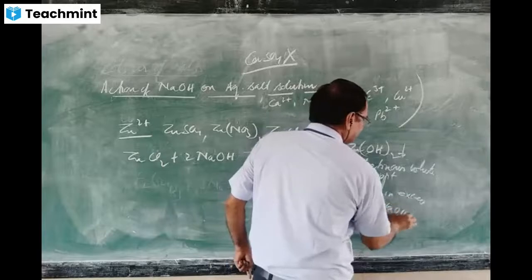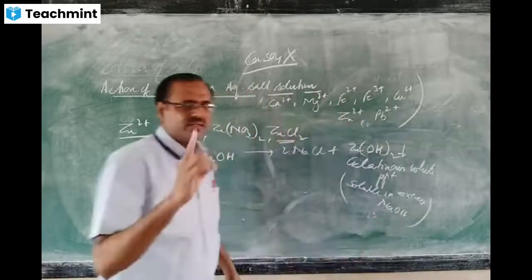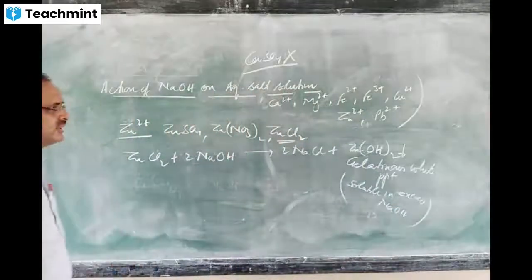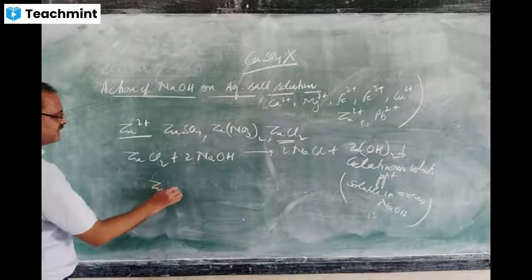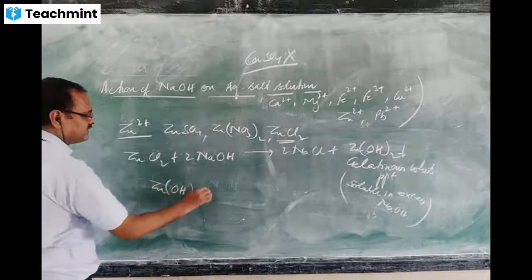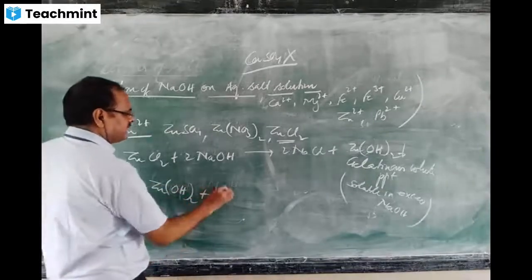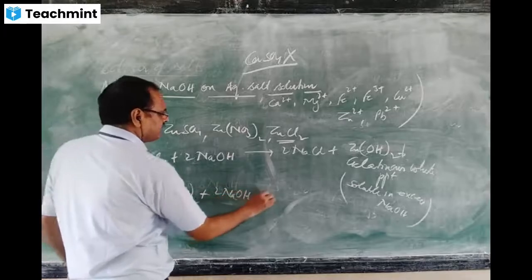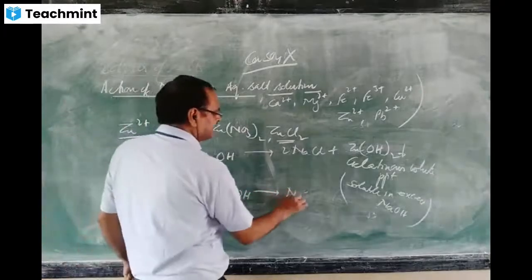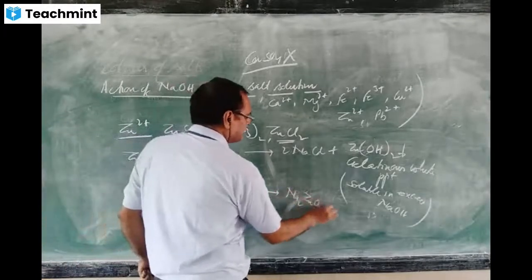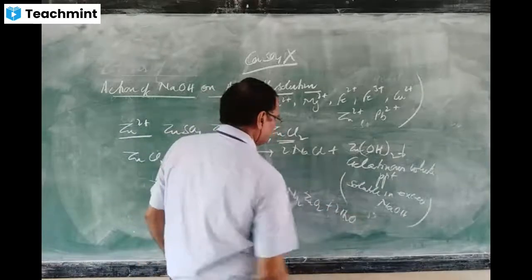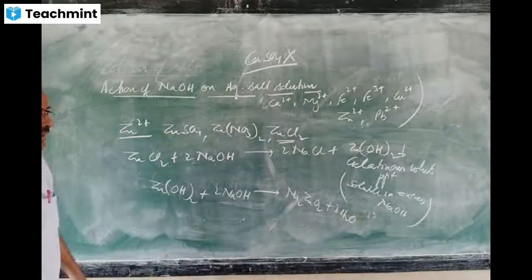Wherever the precipitate is soluble, a second equation will come. So for the second equation, this zinc hydroxide reacts with sodium hydroxide and forms sodium zincate, Na2ZnO2, and 2H2O. So sodium zincate is formed.